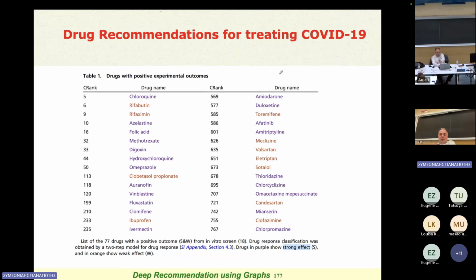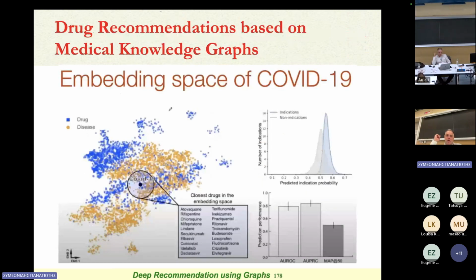COVID-19 disease. And in the end, as you can see here, chloroquine was one of the selected drugs, found in this paper as one drug that can be used for treating COVID-19. Of course, there is a lot of stuff which can be found there.